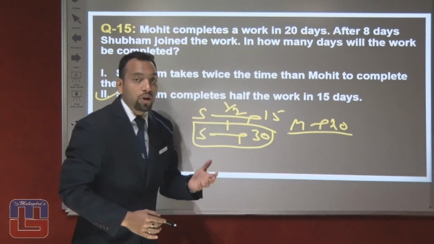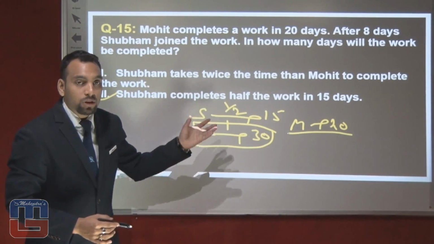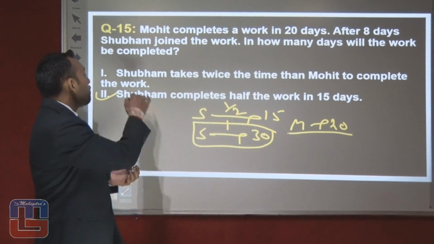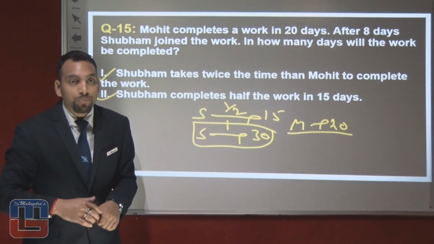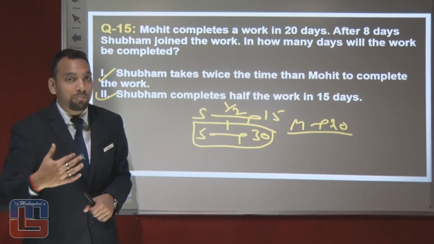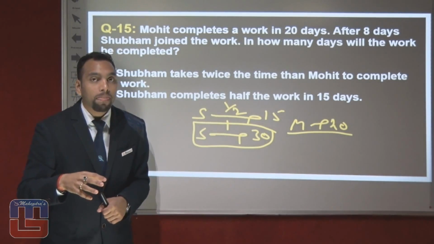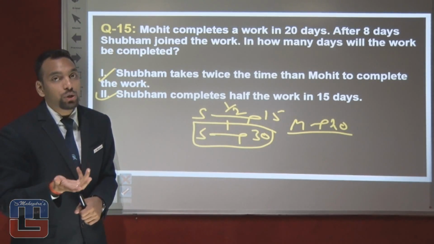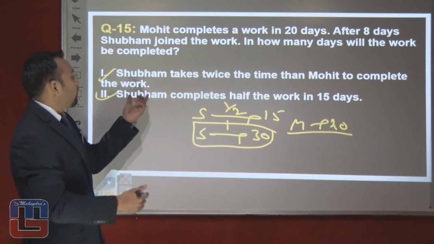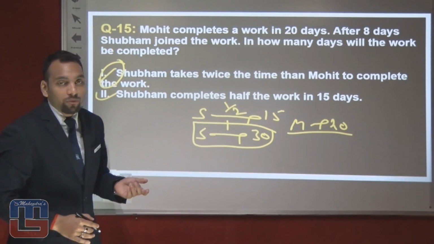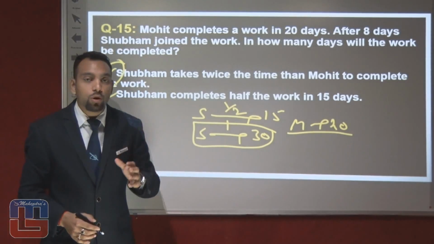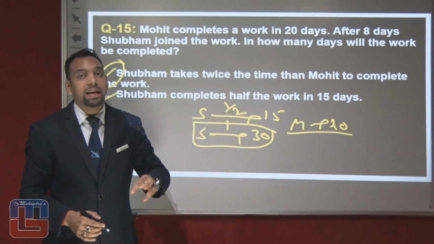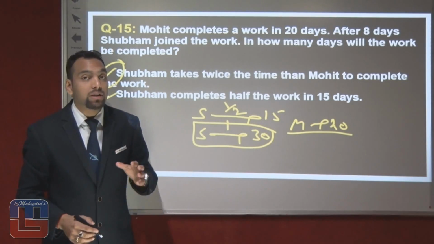So we have the number of days of Mohit and Shubham as well, and directly we can find out the answer. With the help of this statement we can also find out. So each statement alone is sufficient to give the answer.